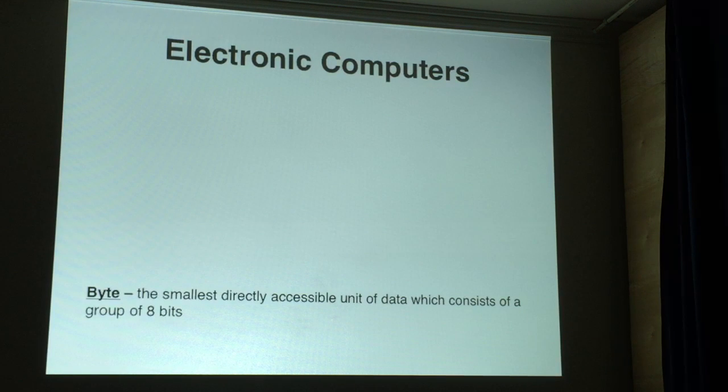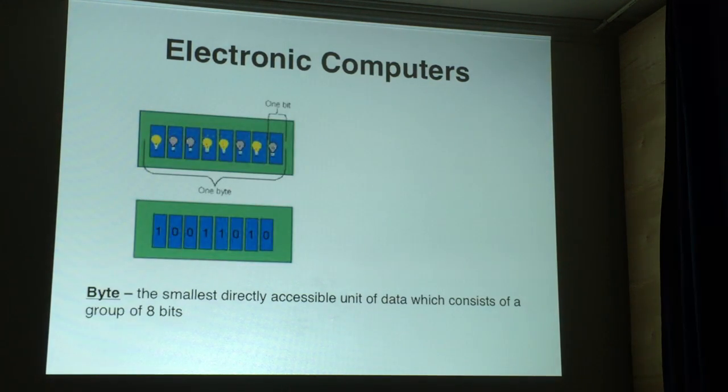Now, the smallest directly accessible unit of data, because of the way it has to be read into a computer, is called a byte, B-Y-T-E. And a byte is made up of 8 bits. And so this is an example of a byte. Say this might be the number 5. The number 5 can be represented in a binary system on a computer as 1001111.